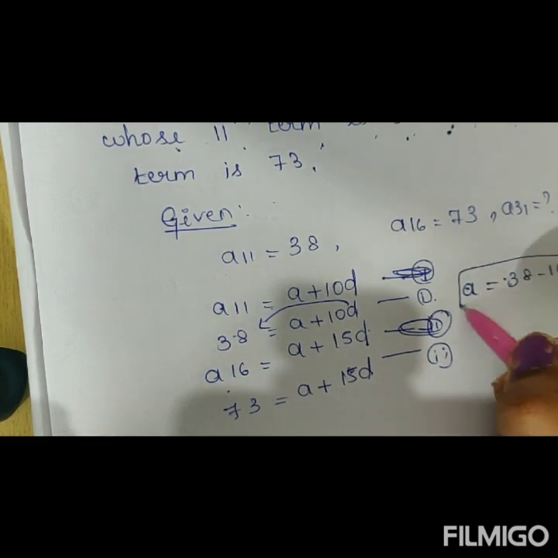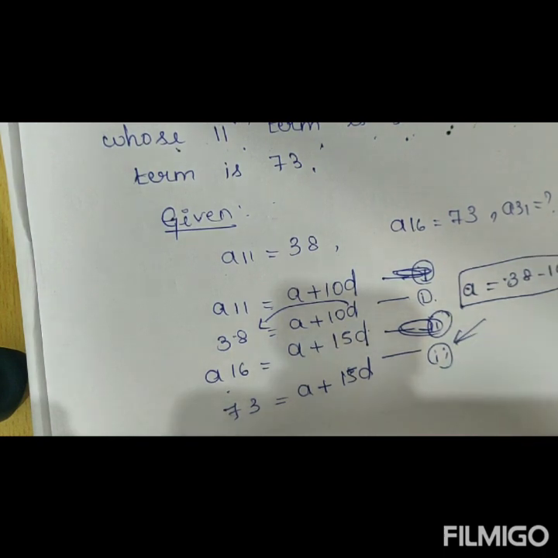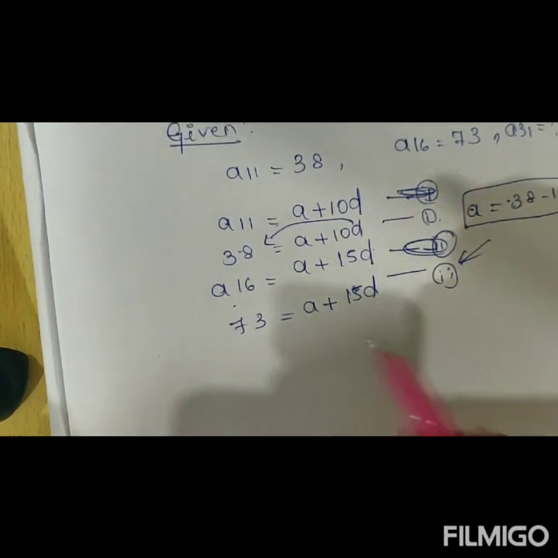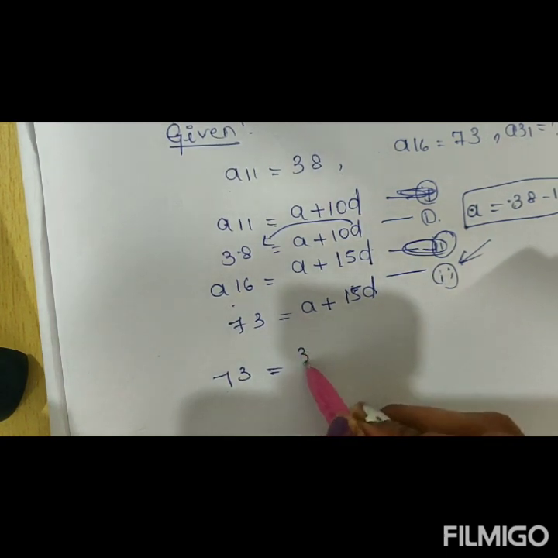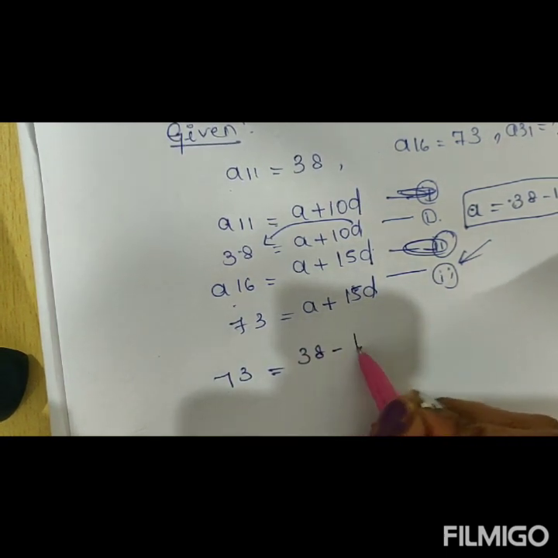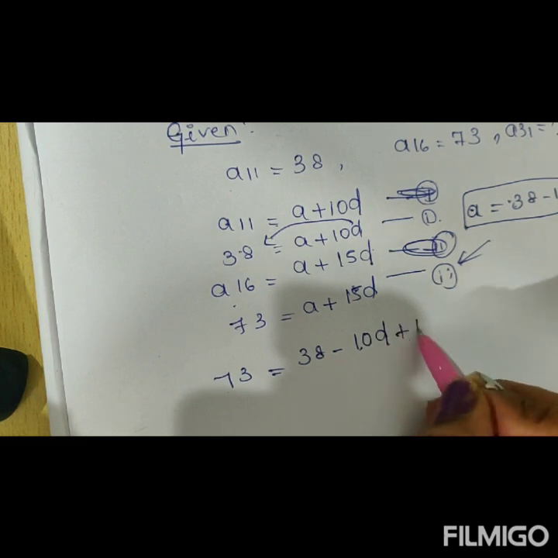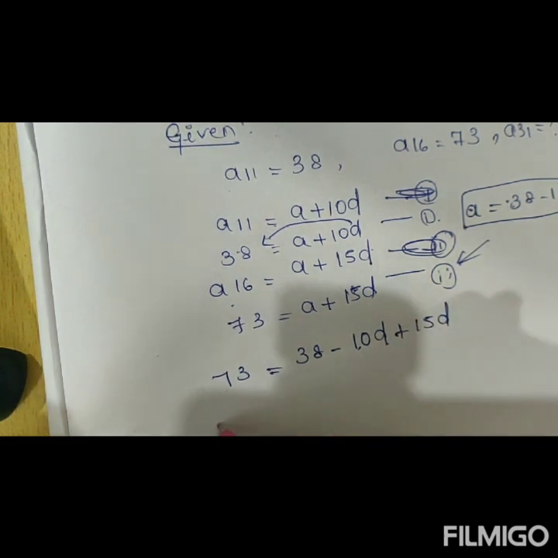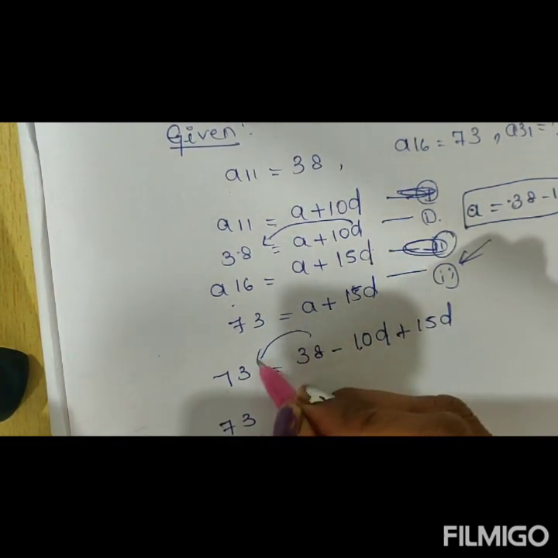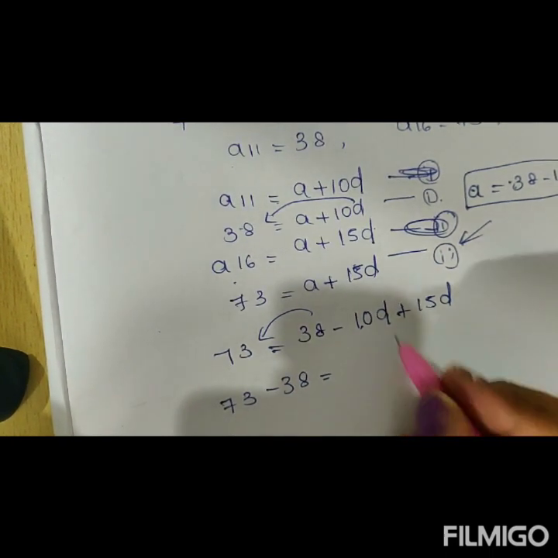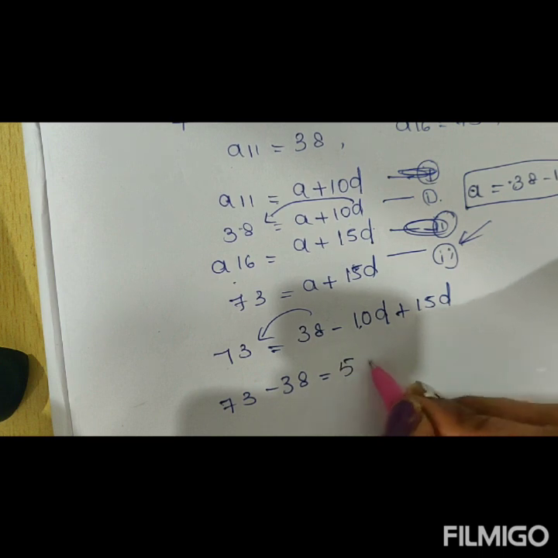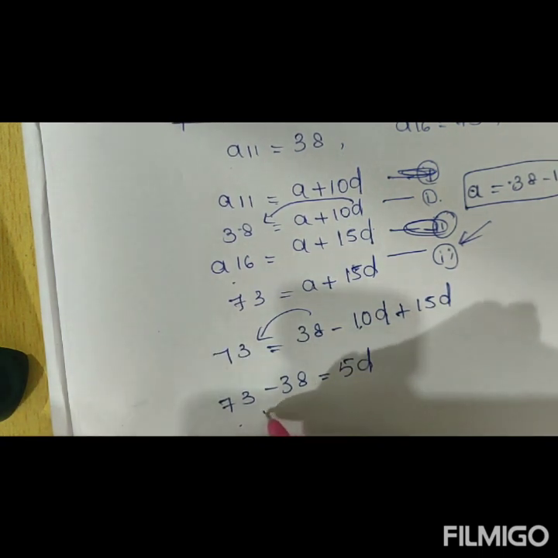Substituting this A value in equation 2, what are we going to get? 73 is equal to 38 minus 10D plus 15D. 38 will come this side, so 73 minus 38 is nothing but 35, which is equal to 5D.